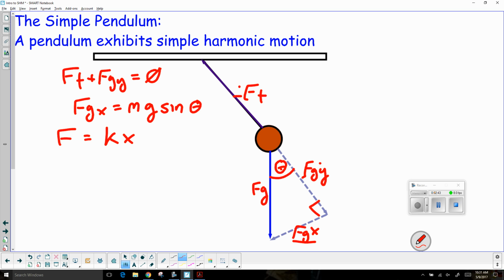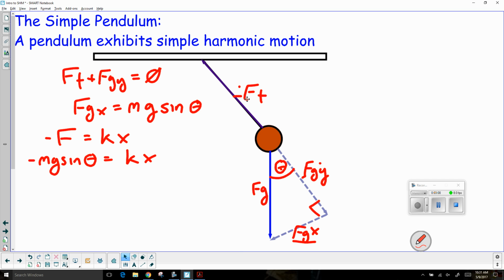In this particular case, I'm going to flip the negative sign over to the force as opposed to the spring constant. And so I'm going to say here that my force is going to be negative mg sine theta equals kx.